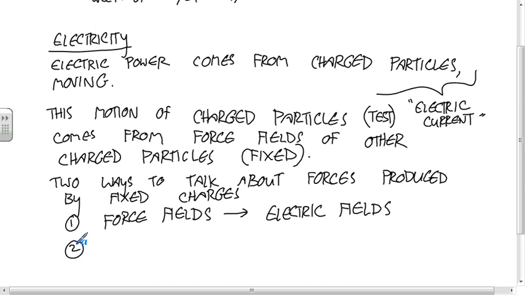Those were the only two we could talk about. The idea of a conservative force is one where as long as you know the object's location, you know the force. So a conservative force is the same definition as a force field. Anything that you can represent by a force field is a conservative force, okay?